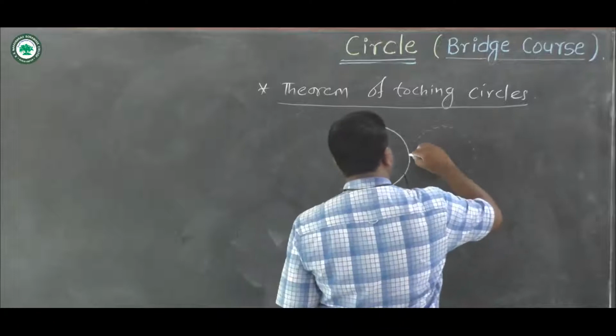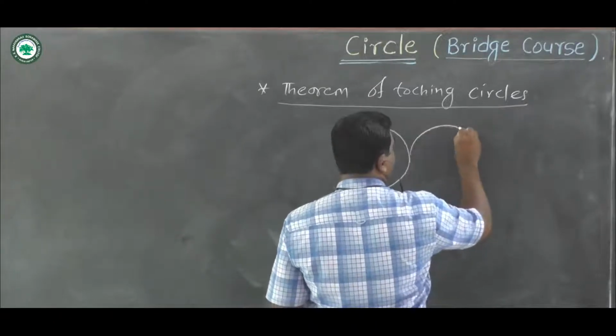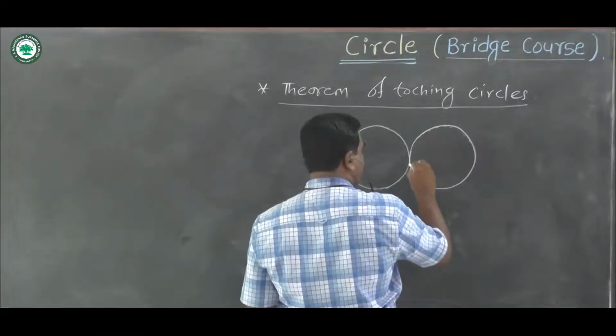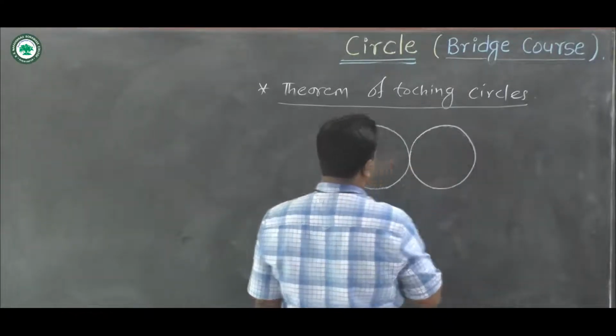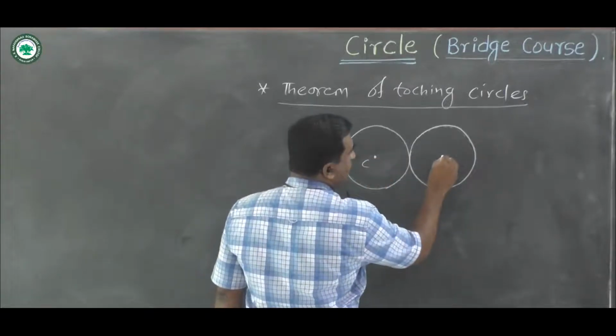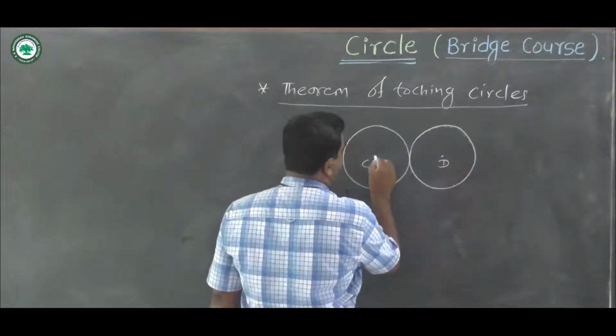This is the first circle. The center of one circle is point C, and here the center of the other circle is point D.